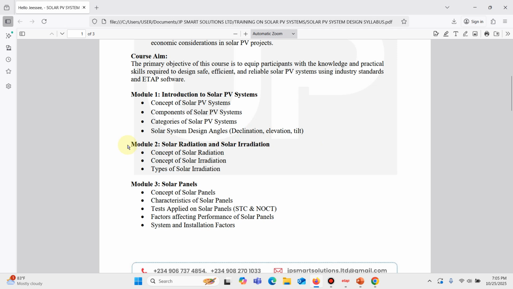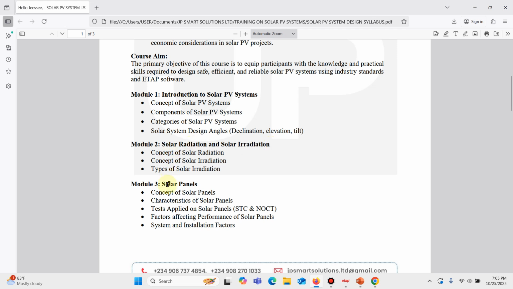So once we are done with that, we can proceed on to Module 2, which we mentioned earlier as solar radiation and solar irradiation. So we are just going to be talking about the concept of solar radiation and solar irradiation, as well as the types of solar irradiation.